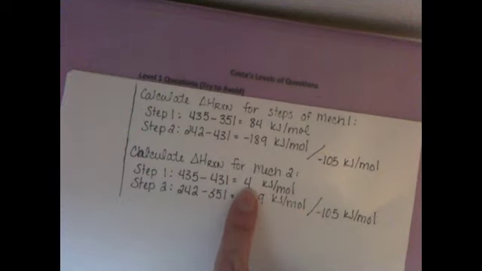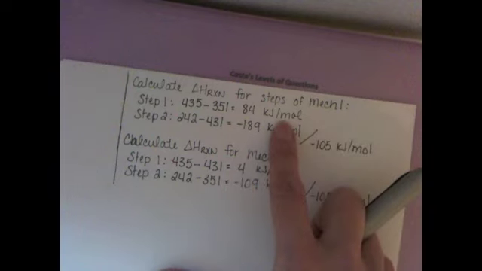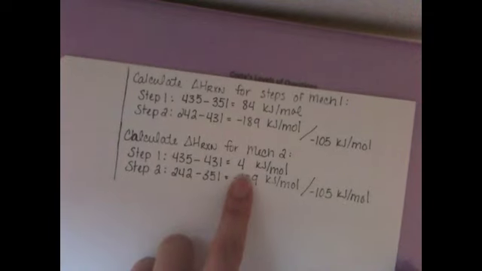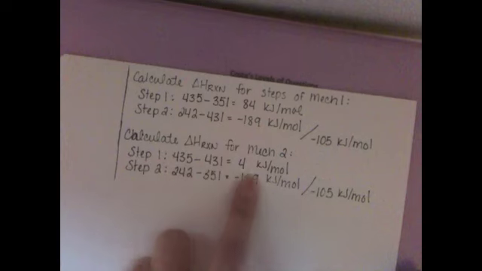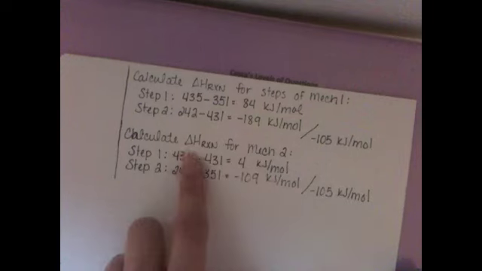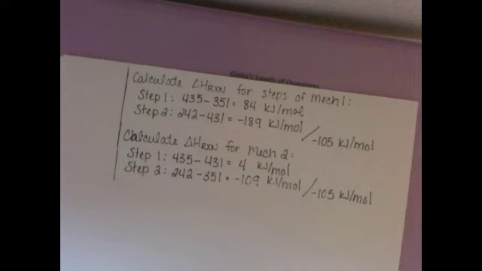This step requires a whole lot less energy to proceed. This step requires a whole bunch. So if you have this system and you're putting energy in, by the time you get to 4 kilojoules per mole, mechanism 2 has already started and it's already going. And because it's less endothermic, mechanism 2 is the one that's preferred.